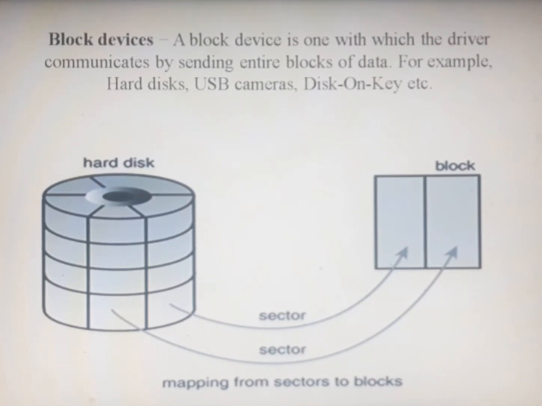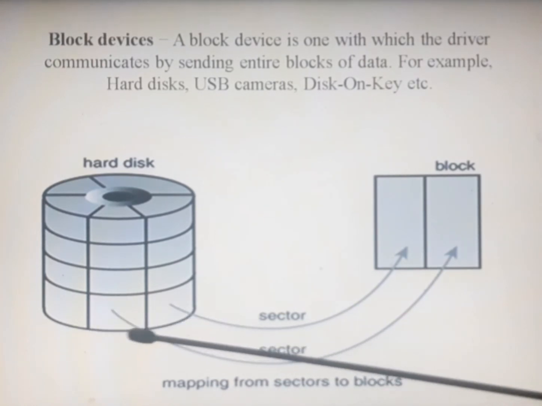Let us take the example of a hard disk. This can be a hard disk, USB cameras, disk on key, etc. Let us take the example of a hard disk here. This is the hard disk and this is the main memory. As I told you, in secondary memory each block is called a page, and in main memory they are called frames. Here also there are two names.